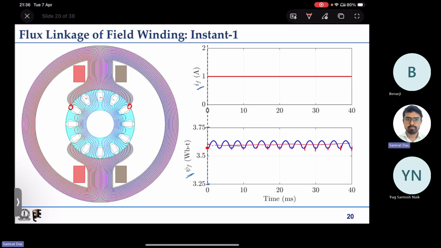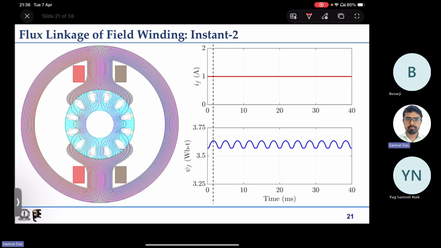For this case you have the minimum flux linkage. If the rotor rotates by some small angle, the next slot opening is a little bit away, and under the pole you have 1 2 3 and 4 slots.